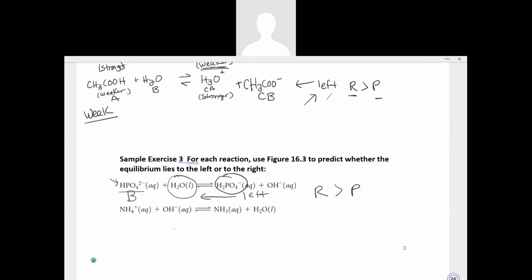So who's acting as our acid, who's our base? So this is going to be our acid here that we'll compare. Hydroxide is acting as a base. Water will be our conjugate acid that we'll compare. So we already located water, so we just need to find ammonium on our table above. So let's take a look.